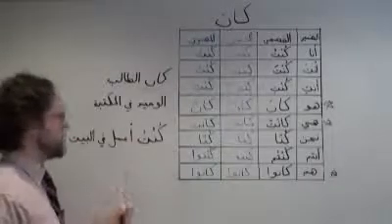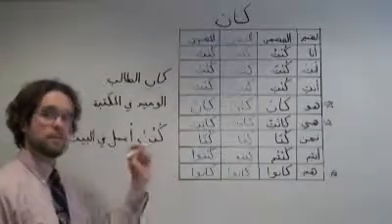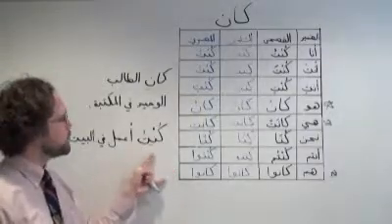Right? I was working. I'm situating this conjugated present tense verb in the past by using conjugated kan, right? So this is sort of my "I was."